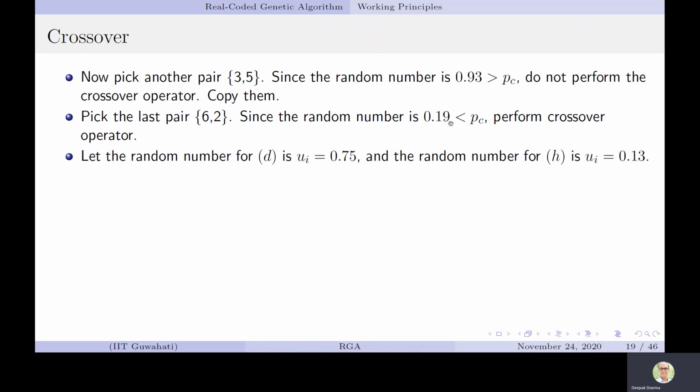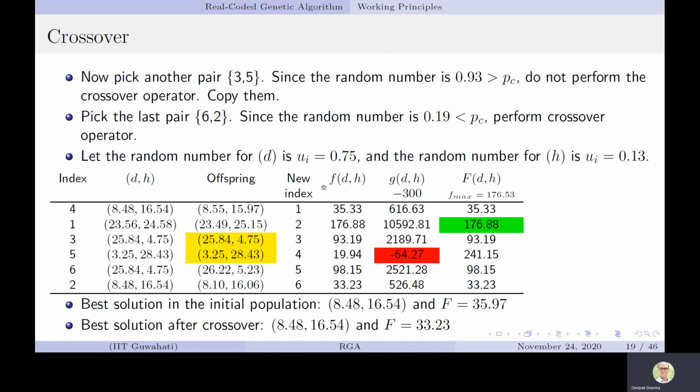Since the random number is 0.19, which is smaller than PC, we perform the crossover operator. As we remember, we take D first. Suppose ui for D is 0.75 and for H, ui is 0.13. That gives me the new D and H values, so two new solutions will be created.